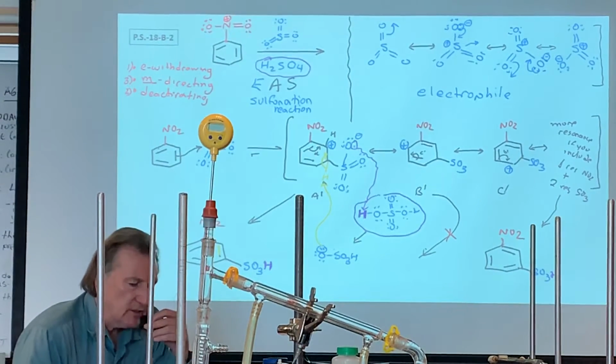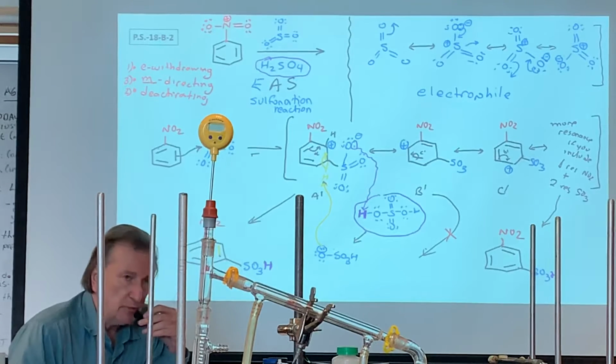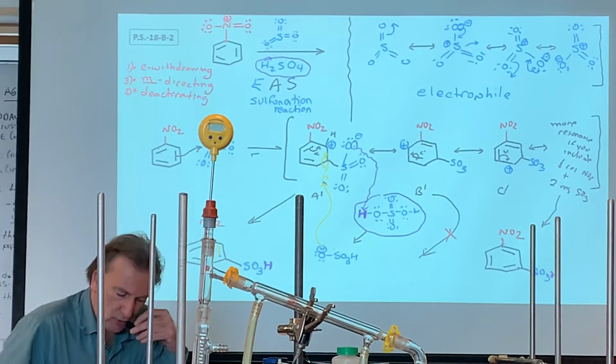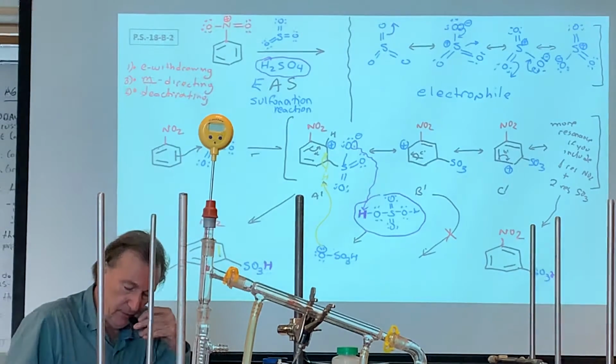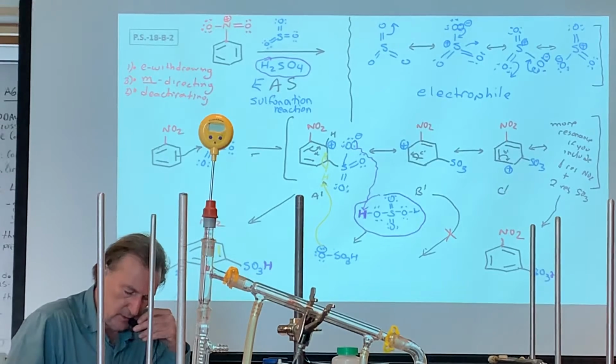Consider whether additional substitution can take place and in which position. So this can continue with SO3 and create this: NO2, SO3H, and the other SO3H will be over here, right?